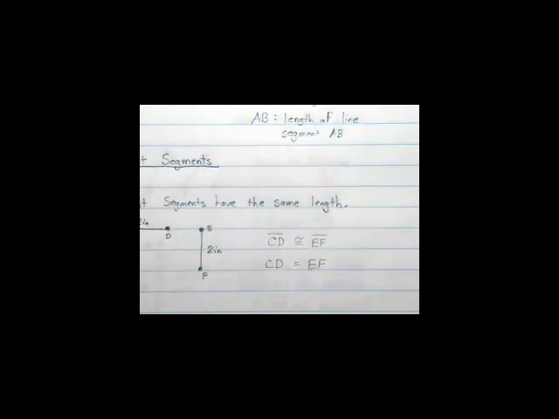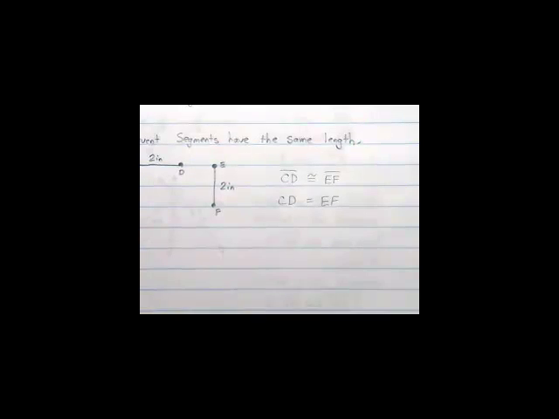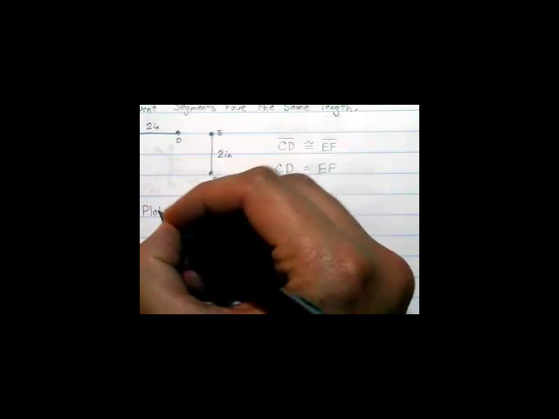So, comparing some segments for congruence. We'll do a little example of this then. And we're going to give you guys a little practice in the coordinate plane here, because maybe it's been a little while. So let's say I've got some points with some coordinates.